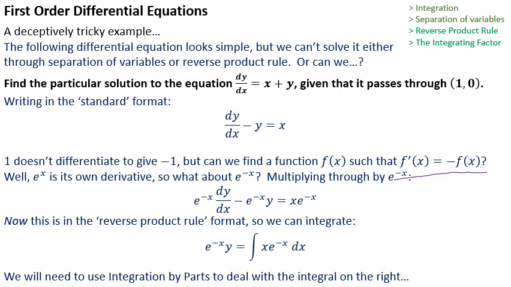And while we're talking about product rule, integration by parts is essentially what you get when you integrate both sides of product rule. And so it's a sensible way of dealing with the integral of a product. But if you remember, product rule is a way of differentiating directly. If you've got a product, you can differentiate it and get the derivative.